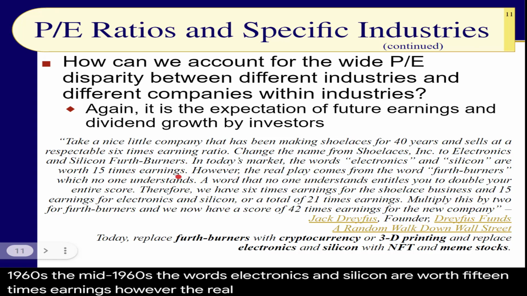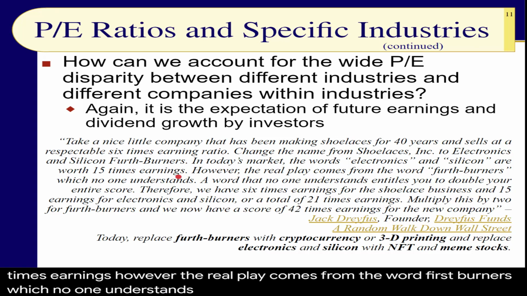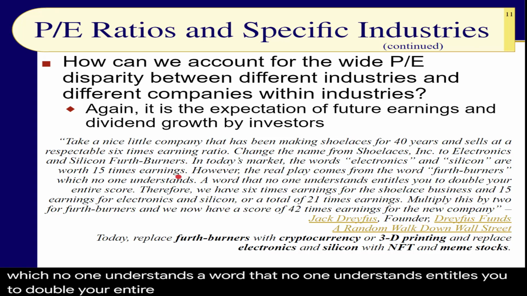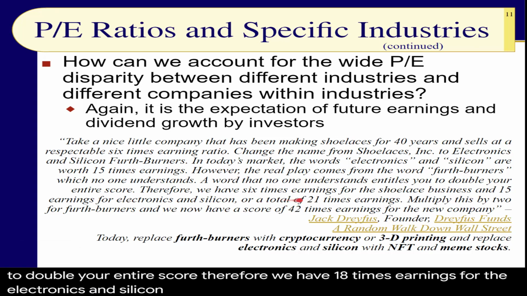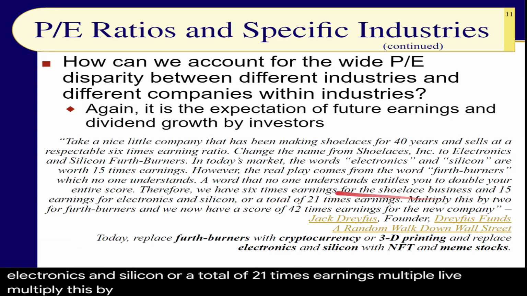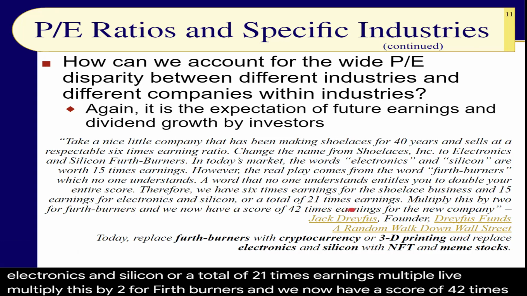However, the real play comes from the word Firth burners, which no one understands. A word that no one understands entitles you to double your entire score. Therefore, we have 6 times earnings for the shoelace company, 15 times earnings for the electronics and silicon, or a total of 21 times earnings. Multiply this by 2 for Firth burners, and we now have a score of 42 times earnings for the new company."